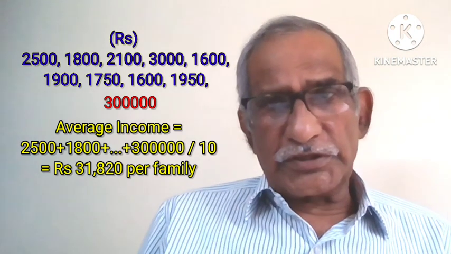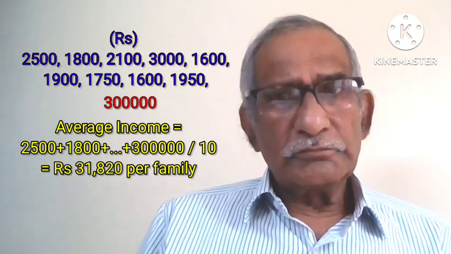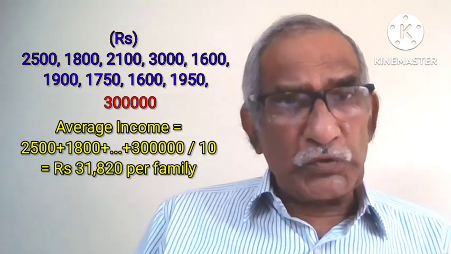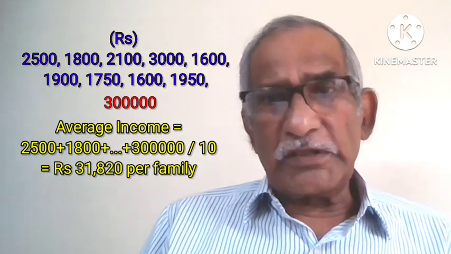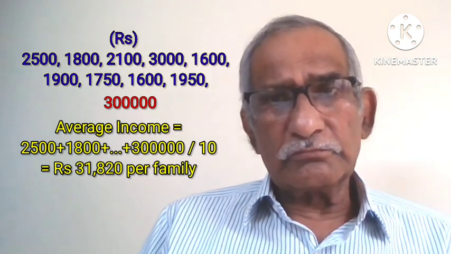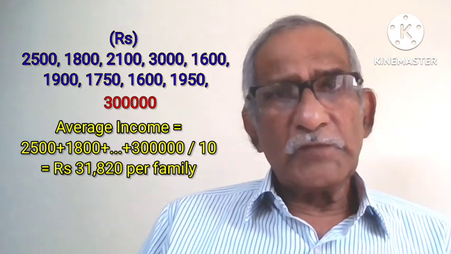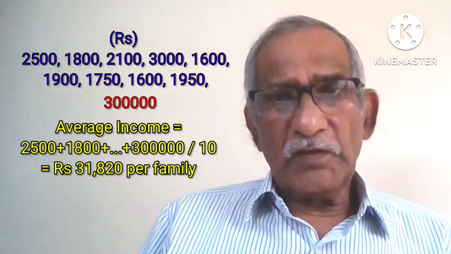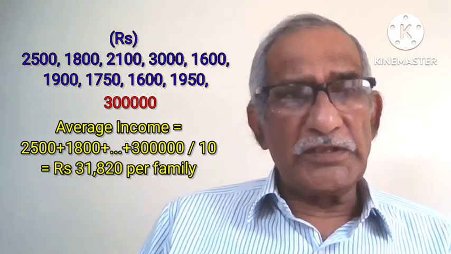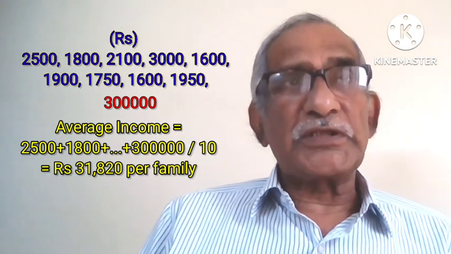Now the question is, can it be the true representative value of the monthly income of the families living in that area? How can it be, where 9 of 10 families have no income more than rupees 3,000.